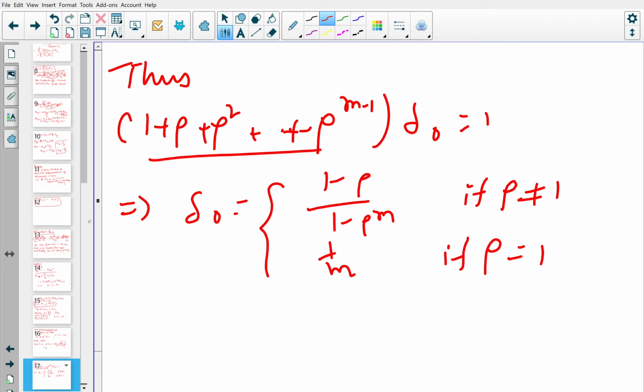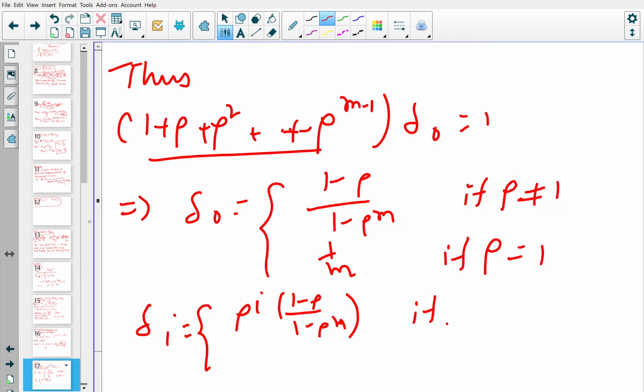So the moment I know the value of delta_0, I know the value of the other things also. For each i, delta_i will be rho to the power i times delta_0, but delta_0 is what? It is this if rho is not equal to 1, and 1 by M if rho equals 1.